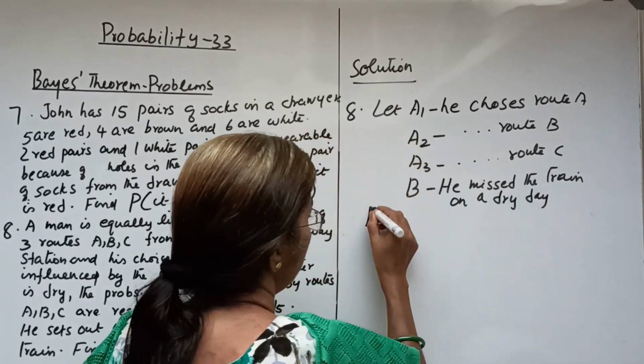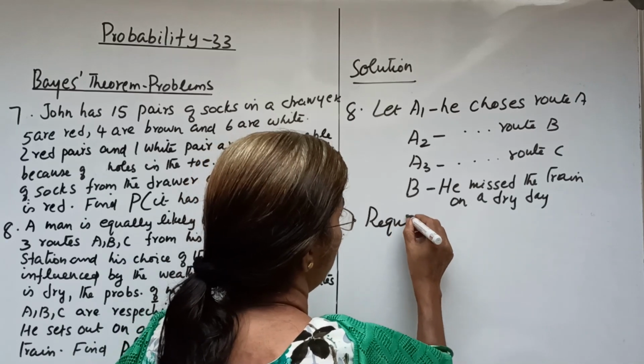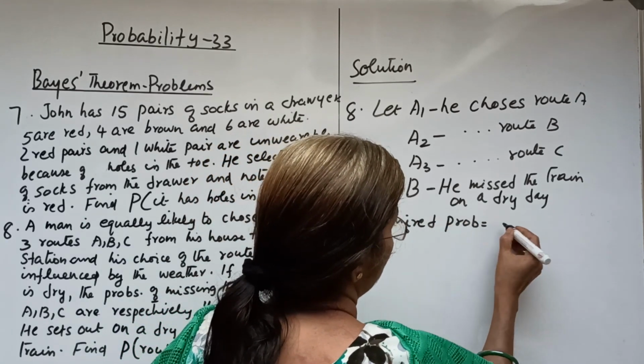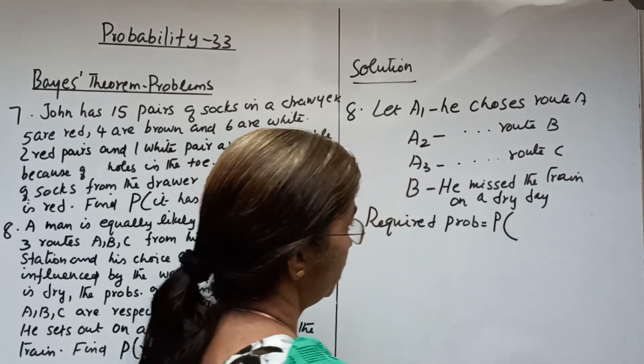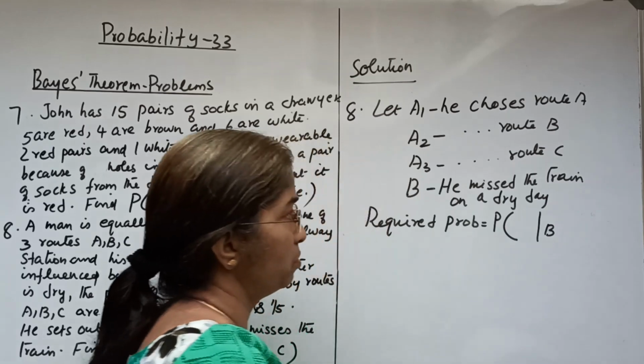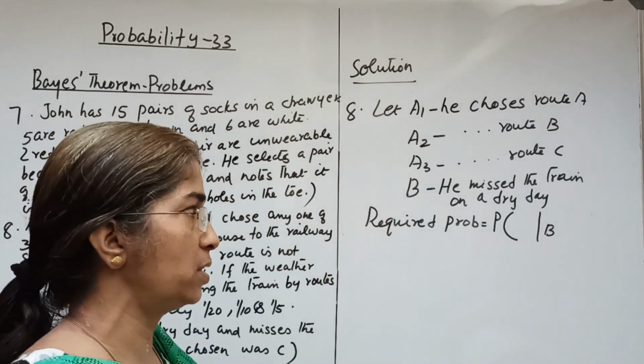Okay, and let us write the required probability. Please consider given B, under the assumption B, that is he missed the train.